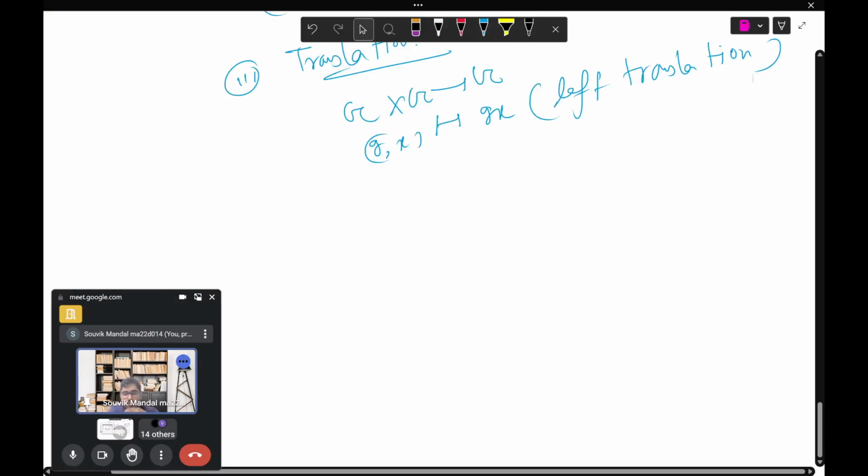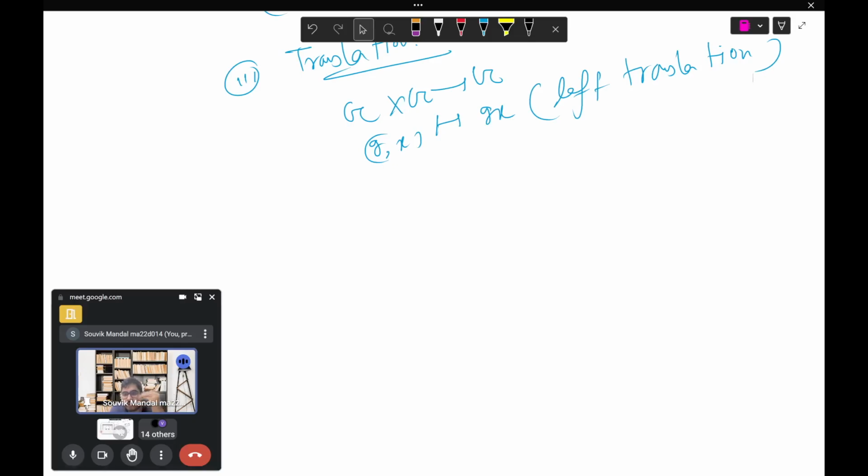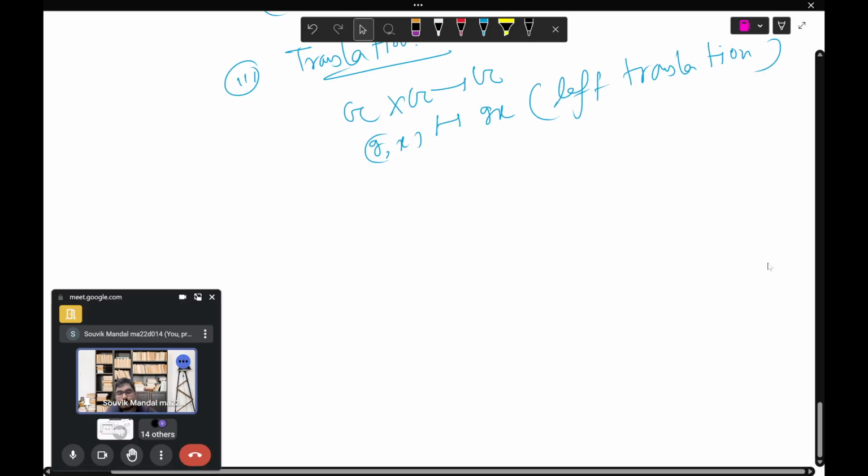So there are many ways to prove Cayley's theorem that any group of order n can be embedded inside Sn, but directly using group action, it can be proved. So, let's see how we can prove it using group action.